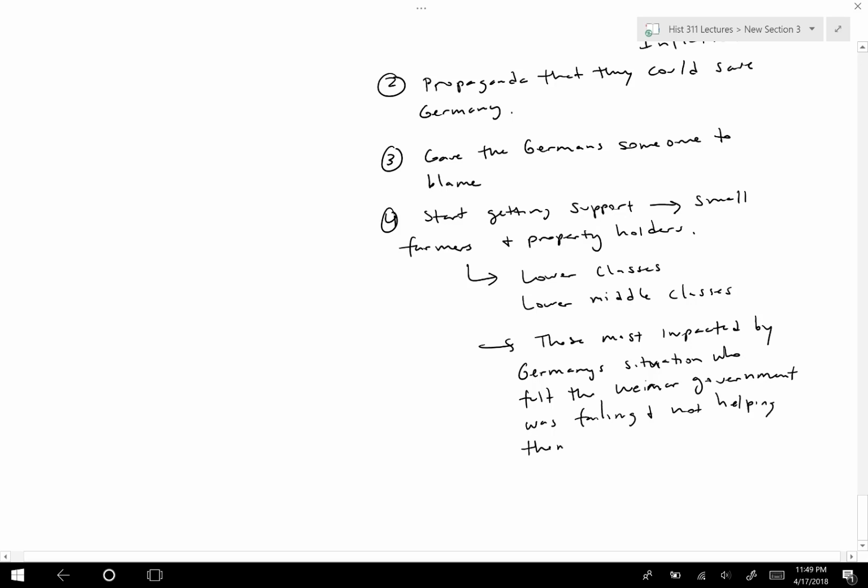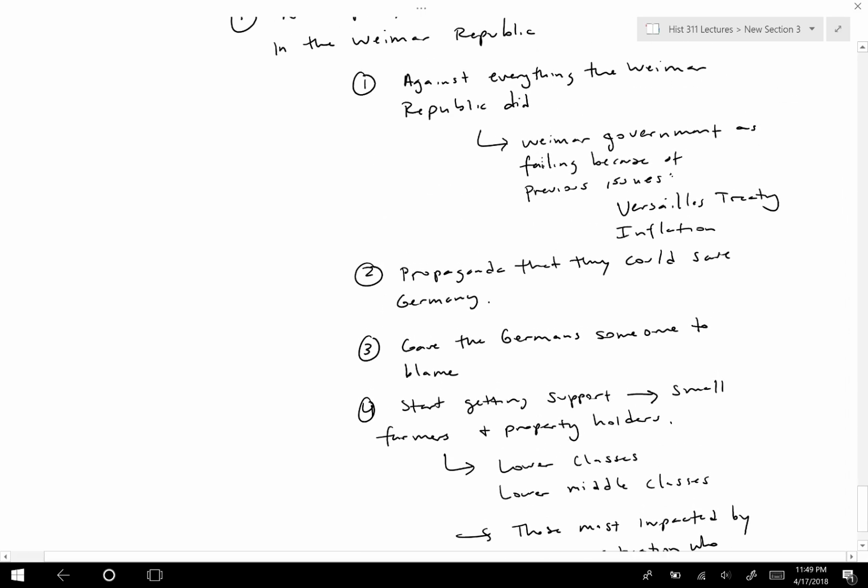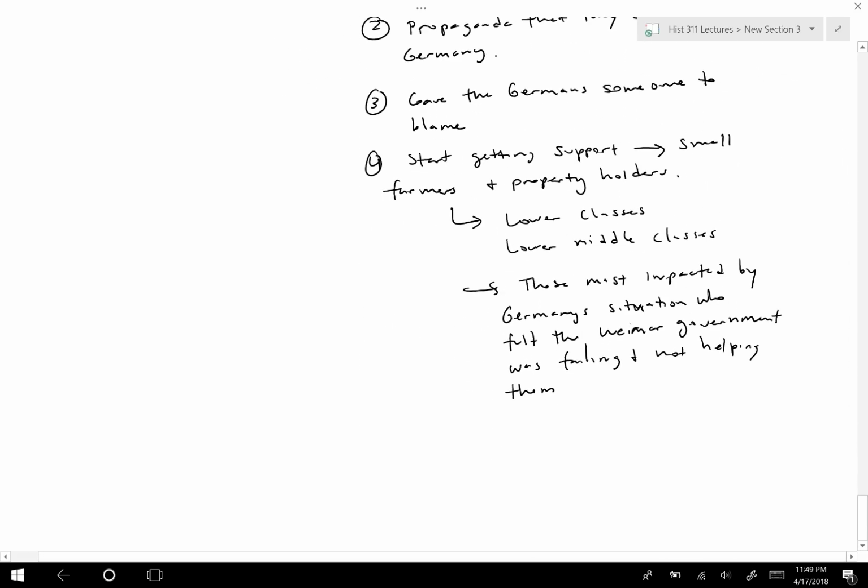And this was easier to get more people as the situation continued to have problems. As Germany continued to have problems and things got worse and worse, people started looking, because a lot of people said, well, you've got to give them time. And as time went on and things got worse, it was like, okay, this isn't working. What do we need to do to fix this? And the Nazi Party was so great at promoting that they could do that. And here's who you really should blame. It's not your fault as a German, no, it's this, and this, right? And we can fix this.